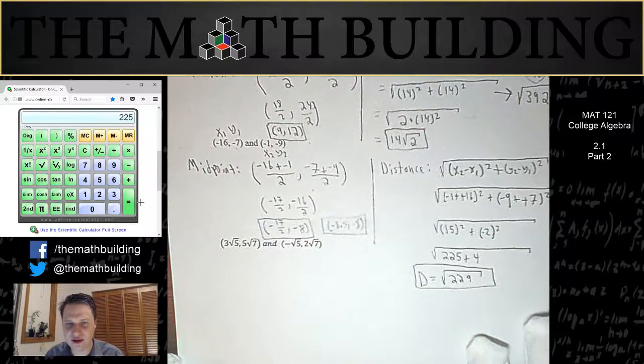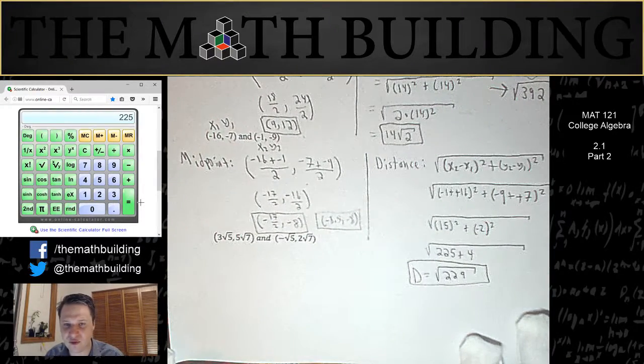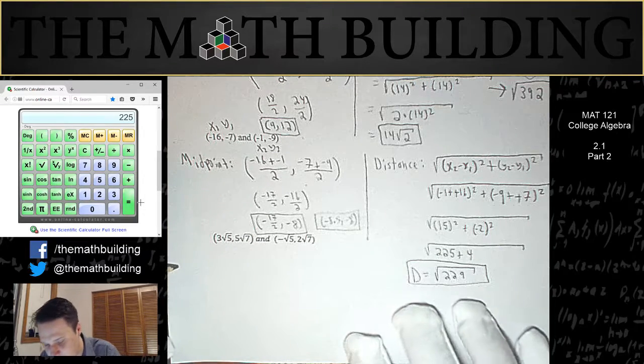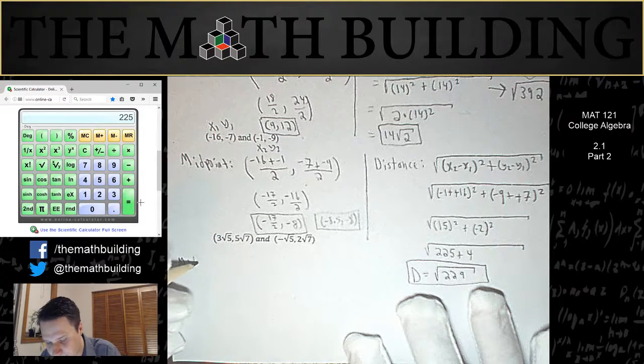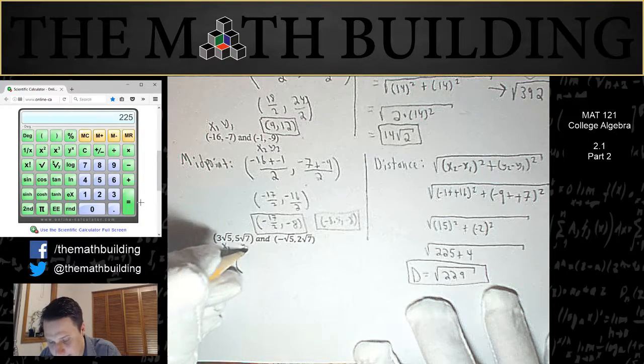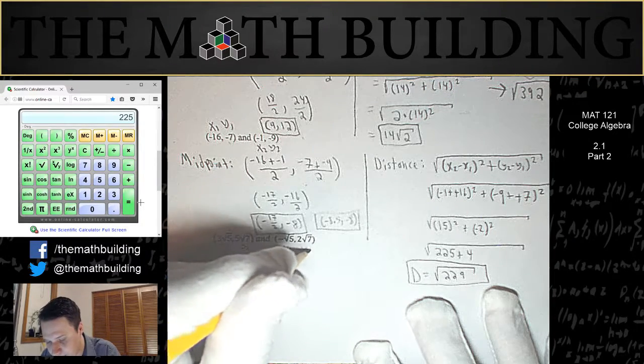Alright, sometimes this is a little tricky if we have square roots in our values. So let me show you how to do that one. Let's find the midpoint. Again, just follow the formula. Here's x1, y1, x2, y2.